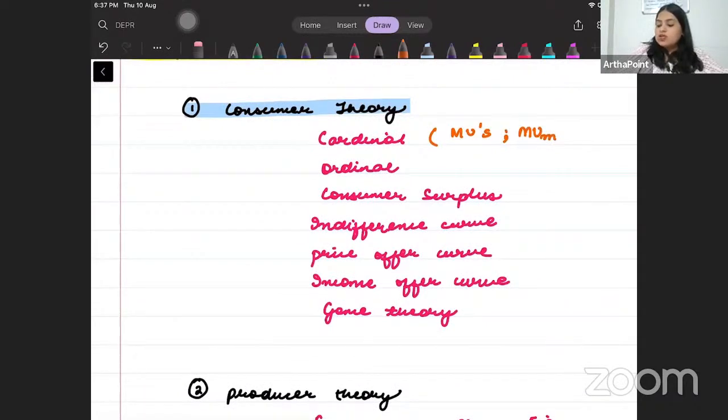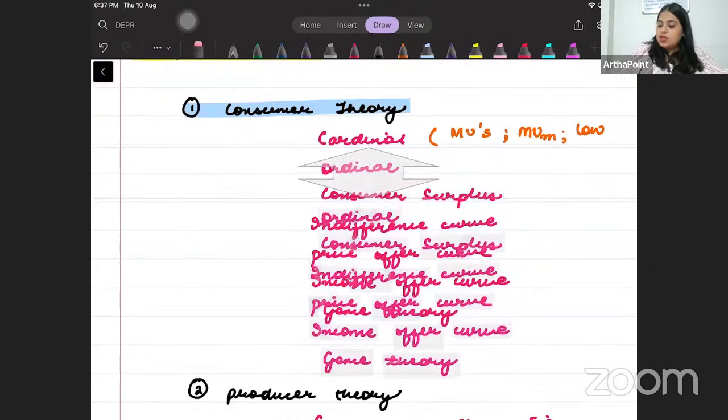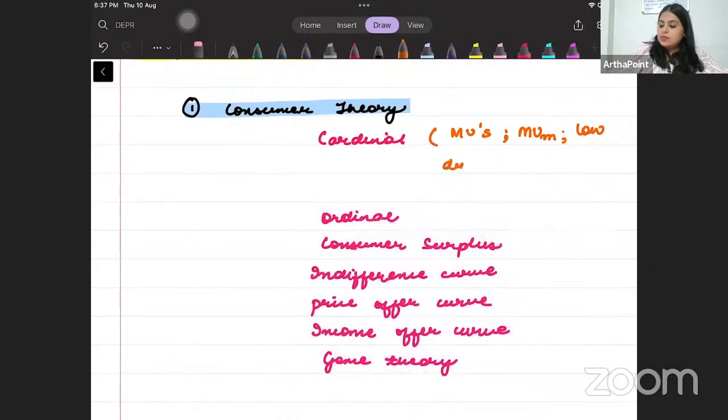Which talks about the law of diminishing marginal utility. ये जो भी number से related approach रहेगी, that is your cardinality approach.